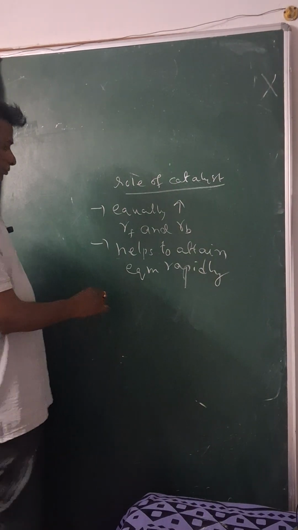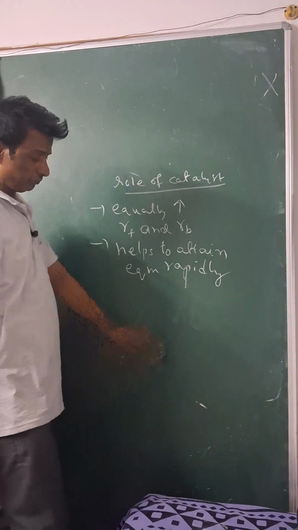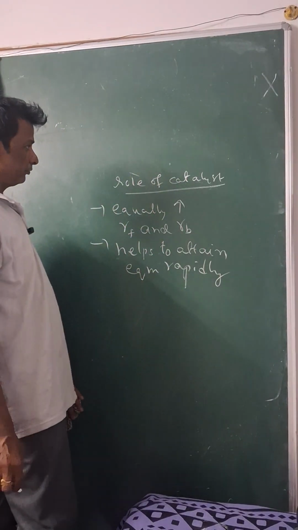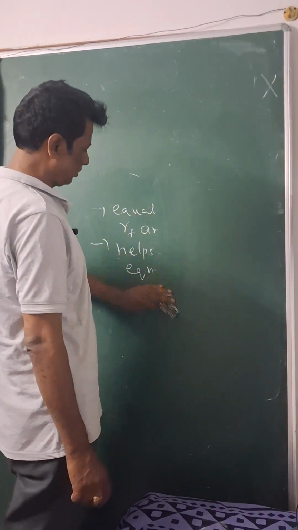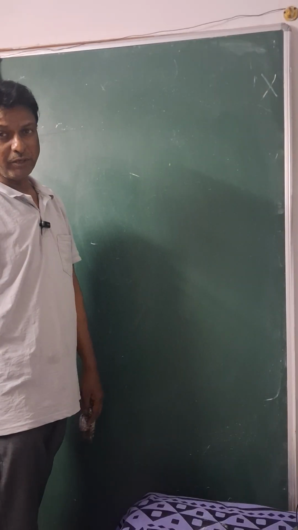At equilibrium, what are constant? Concentration, temperature. At equilibrium, concentration remain constant. You start with reactants or product, you can attain equilibrium.